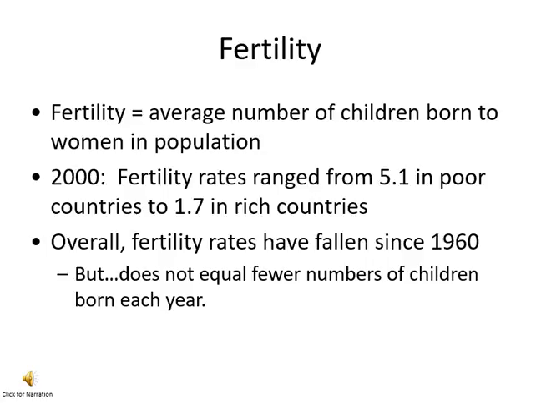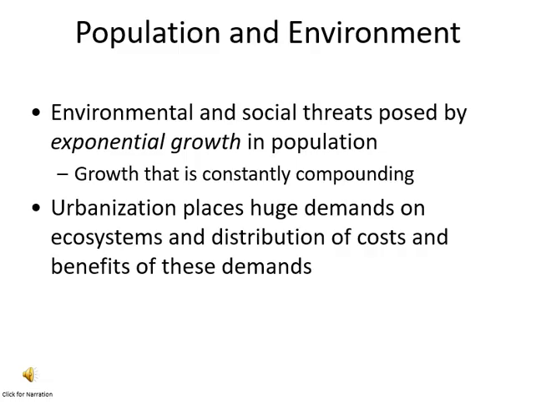Now let's turn our attention to population and the environment and the relationship between the two. Environmental and social threats posed by exponential growth in population is what we're concerned with. It's not a runaway train. I don't think that's an appropriate term necessarily, but if we don't do something about population growth, it could be a compounding problem.